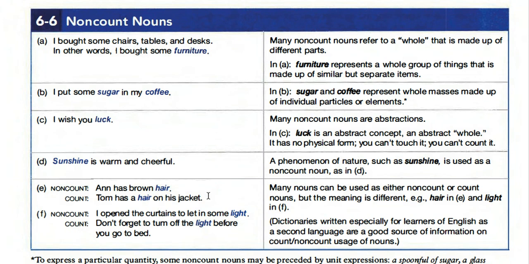There's a difference between brown hair, meaning all the hair, and a hair, which means maybe a single strand of hair on his clothes, and that's why we can give it countability, like a hair.